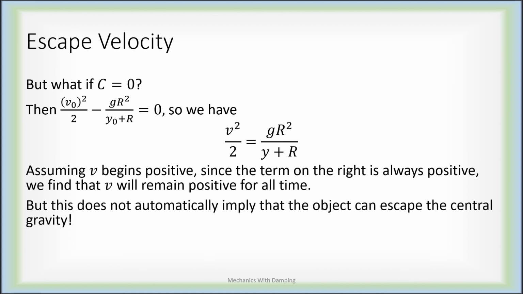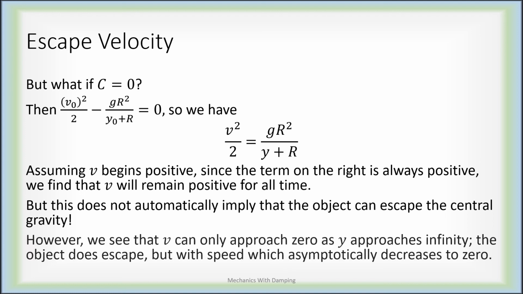That doesn't automatically imply that the object escapes to an infinite distance. It's possible to be moving up slower and slower and slower to never actually escape a fixed radius of distance. However, the only way that the velocity can approach 0 is as y approaches infinity. If I want velocity to get smaller and smaller, y, our height, has to get bigger and bigger and bigger.